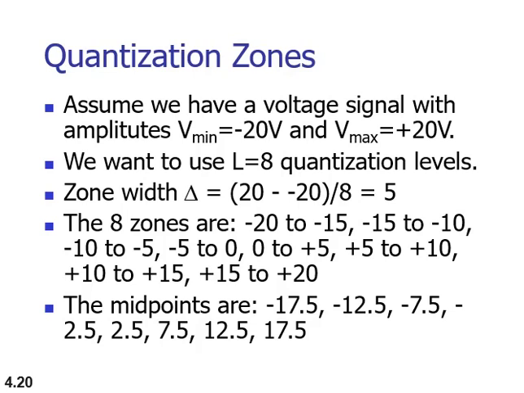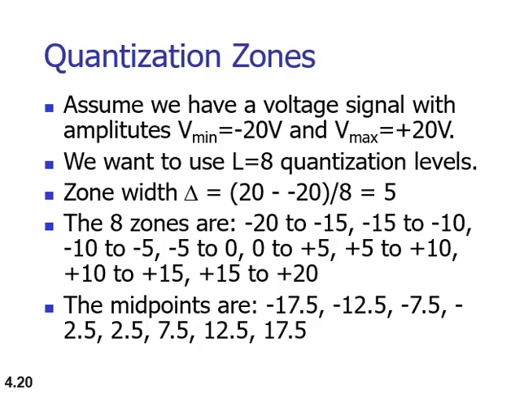So 20, the maximum voltage, minus -20, the minimum voltage, divided by L, which is 8 here, gives you 5. So the total delta value here is 5.